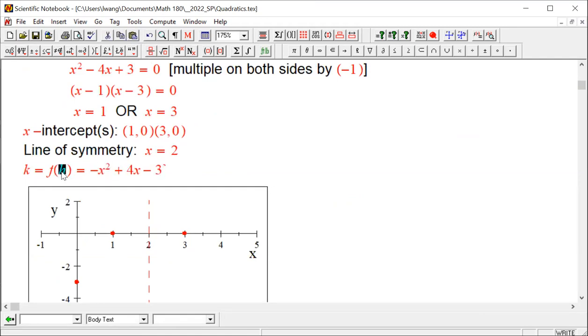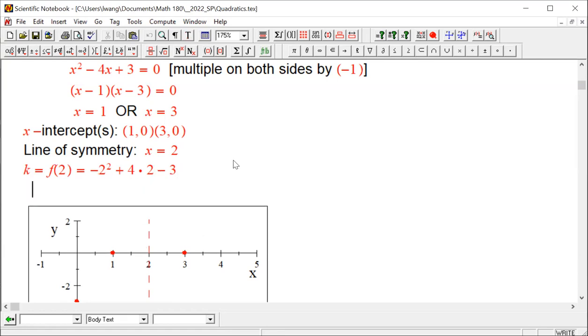Since 2 is for h, right? So I'm going to replace x by 2, and this x will be replaced by 2, and then we operate. We just be careful. Here, it's a -2 squared. There's no parentheses, okay?